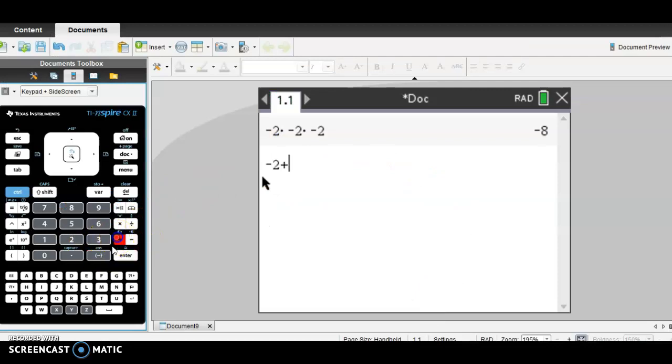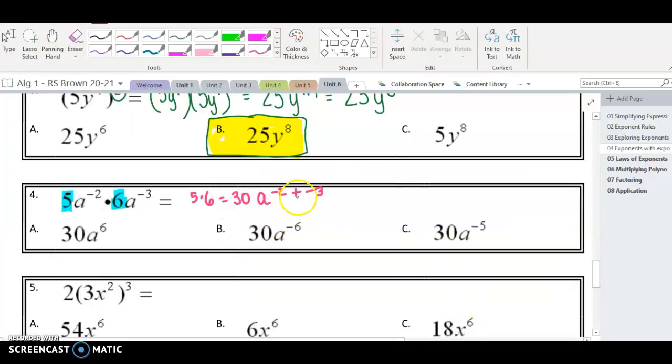Negative 2 plus a negative 3 is a negative 5. All right, so my answer is going to be 30a, not 3, let's fix that, 30a to the negative 5 power. So my answer is going to be C.